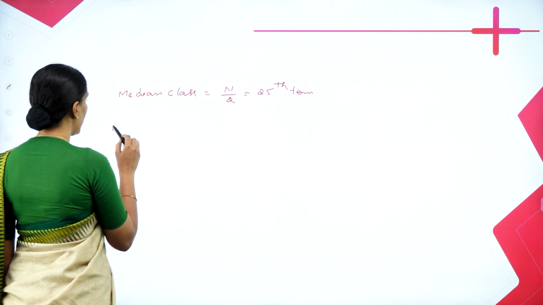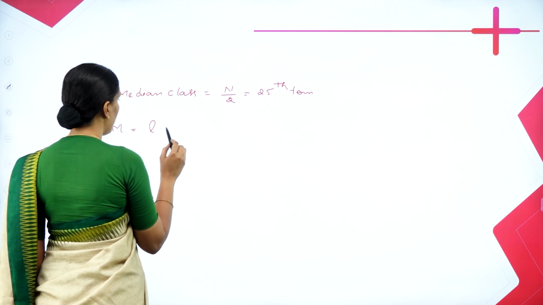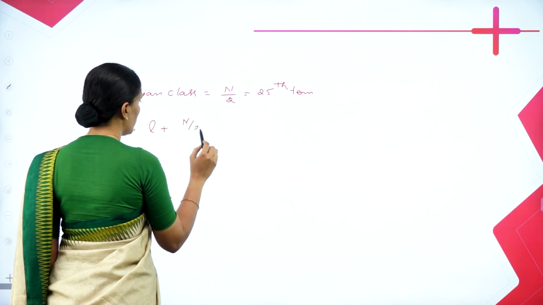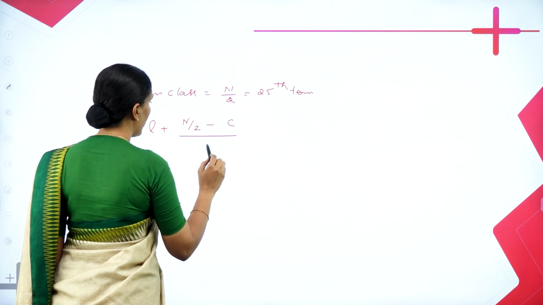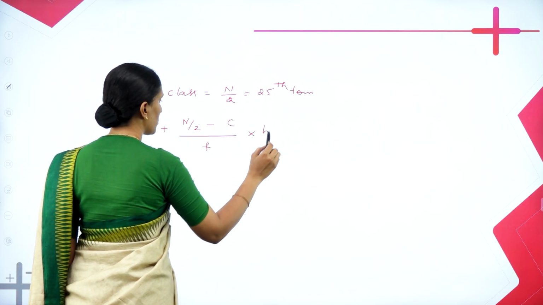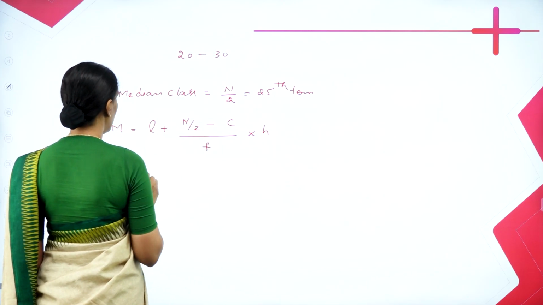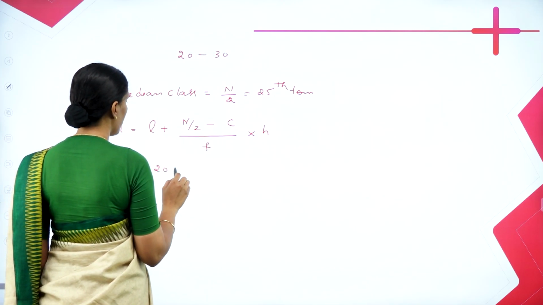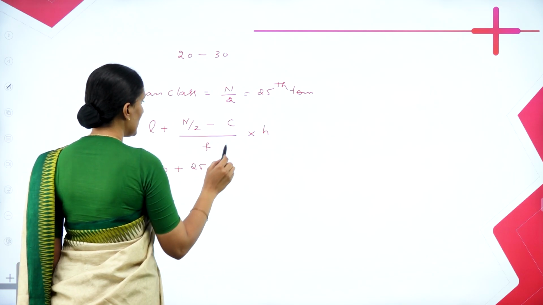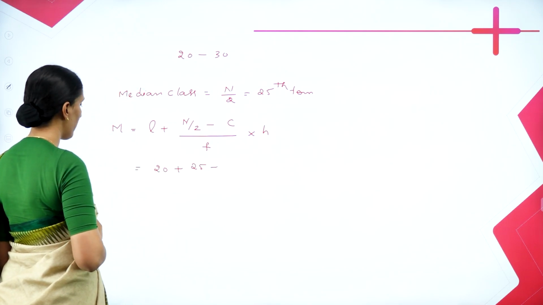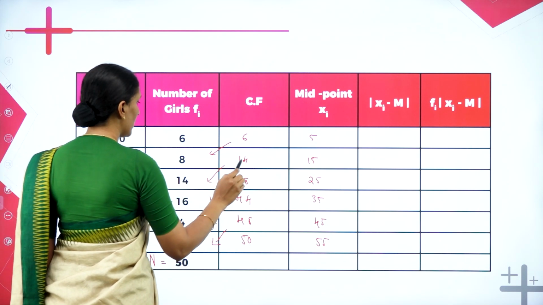So let us find the median. Median is L plus n by 2 minus C divided by F into H. So median class is 20 to 30. So the lower limit is 20, n by 2 is 25, C is the previous cumulative frequency, that is 14.